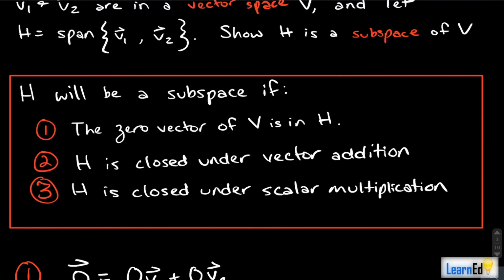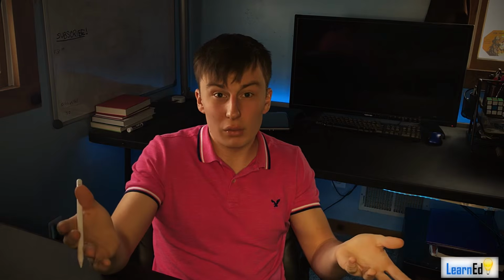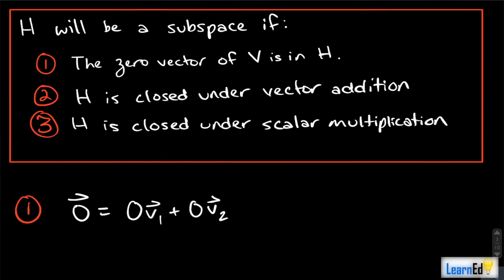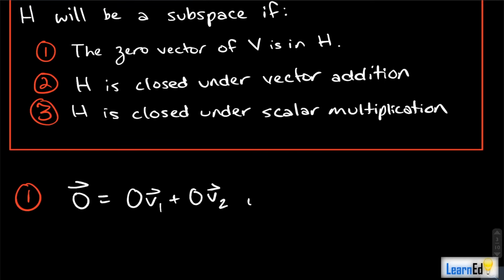That works because H is the span of v1 and v2, so it's all the possible linear combinations, and that includes when you have a 0 as the coefficient in front of v1 and v2. So that works.